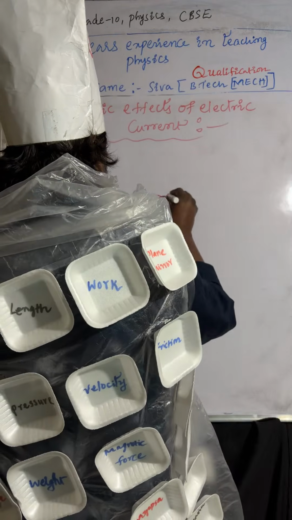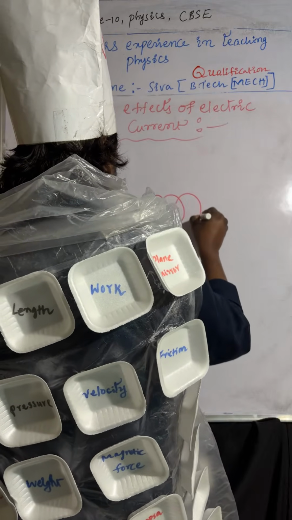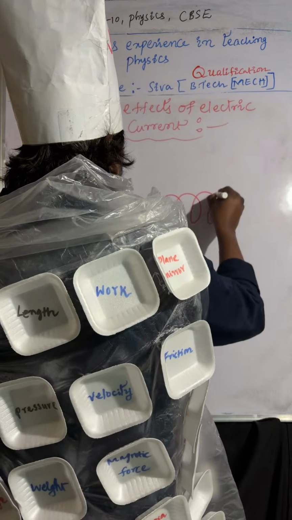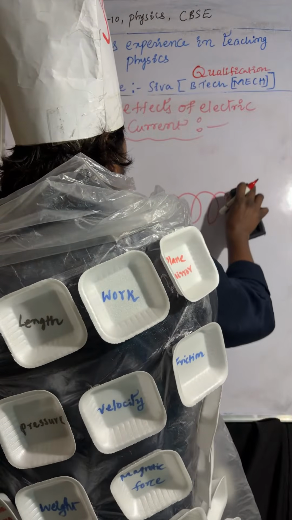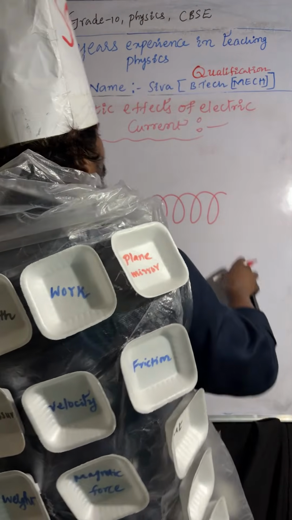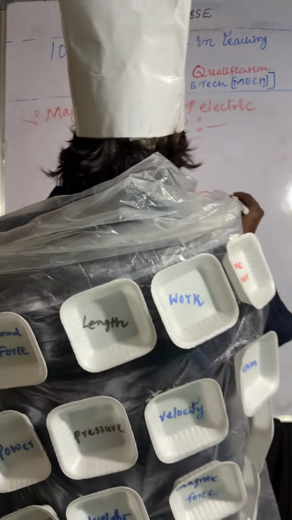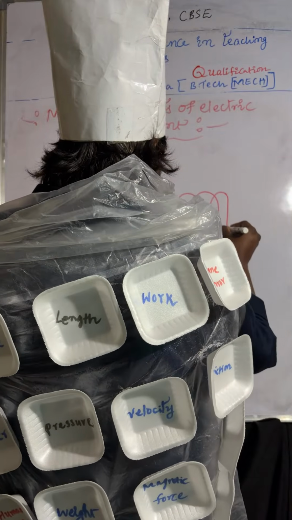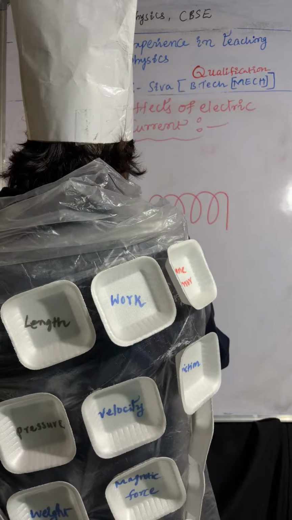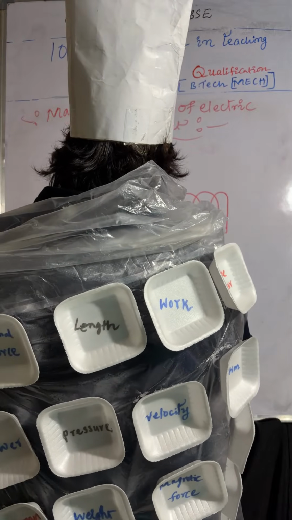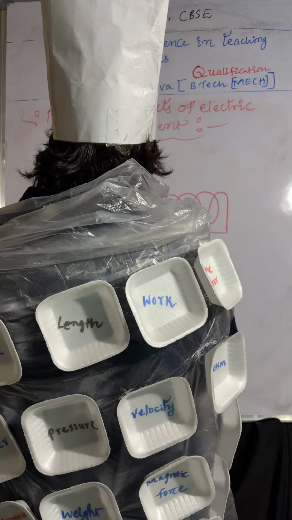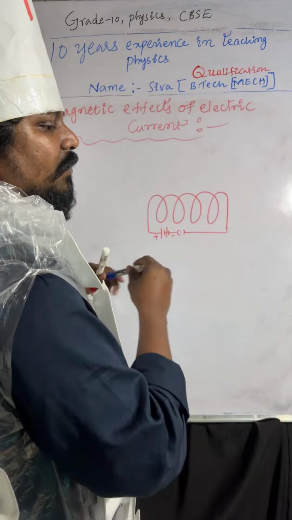So 1, 2, 3, 4, 5 turns, it depends. And here also, this is the battery and switch. So now it acts as a magnet, a bar magnet.